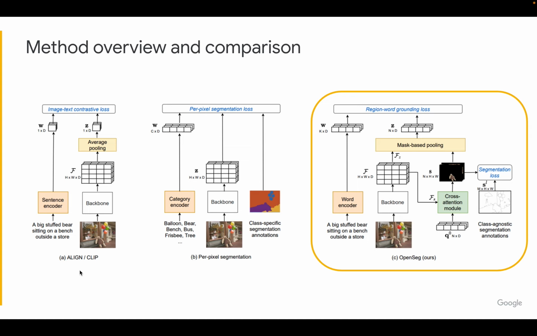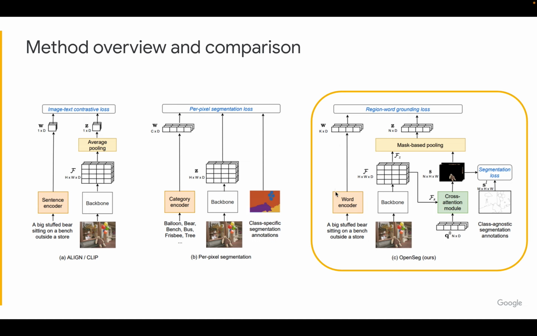The drawback is that they use a one-dimension vector to represent the whole image and throw away location information. In the middle, we show per pixel segmentation, which requires class-specific mask annotations and is not very scalable. The architecture of OpenSeg is shown on the right. OpenSeg represents an image with a set of segmentation regions, and then it enables weakly supervised learning using image captions.